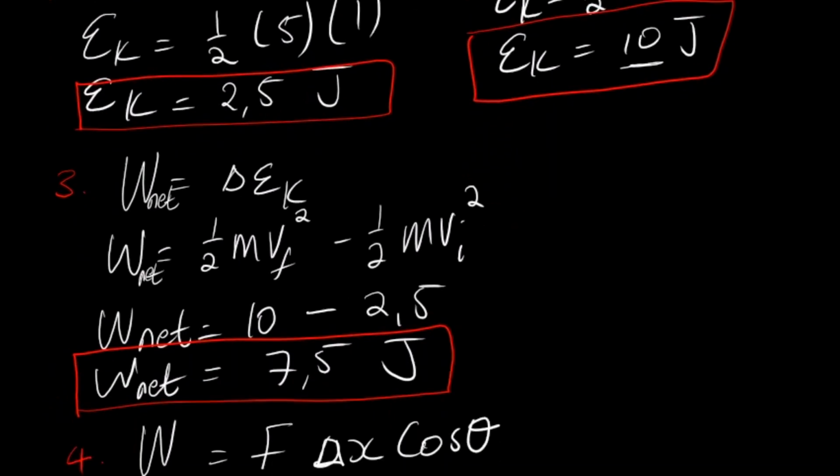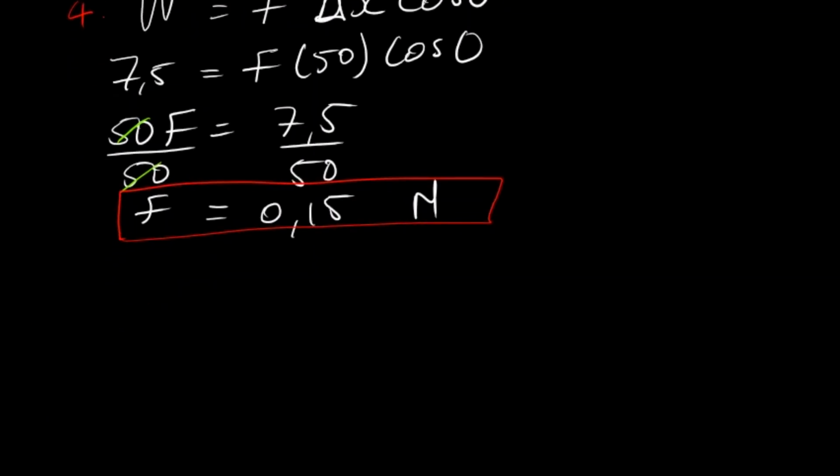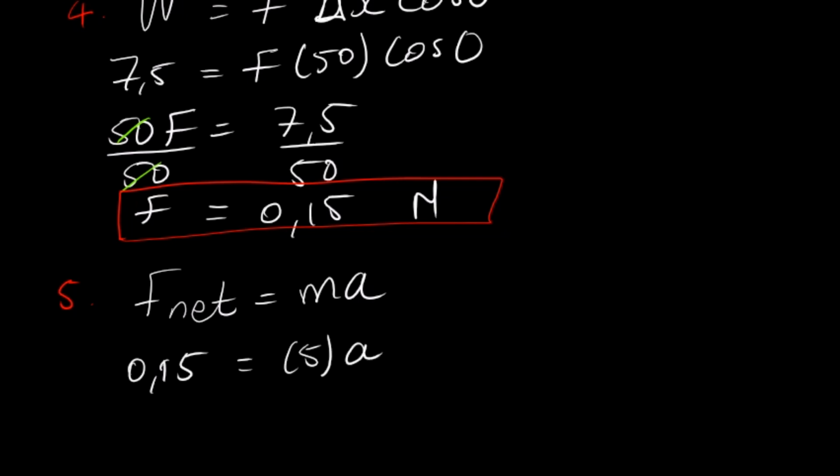Number 5, the acceleration of the cart. So we simply use Newton's law. So we have 0.15 is equal to the mass, it's 5, times A. We divide both sides by 5.